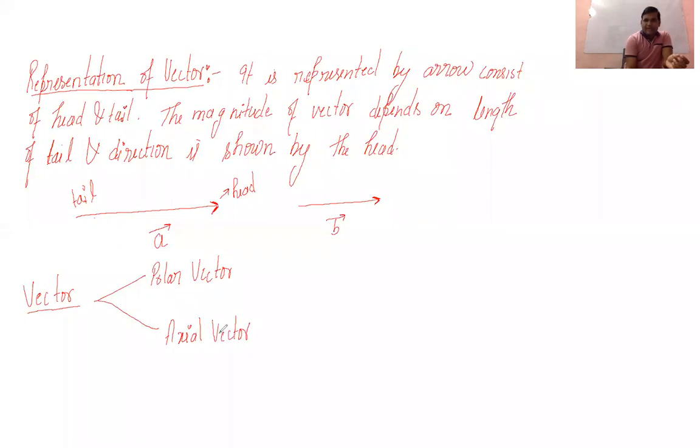So let's understand what is basically the polar vector and which vector quantities are categorized under the polar vector. A polar vector is a vector having a starting point, or you can say a point of application.